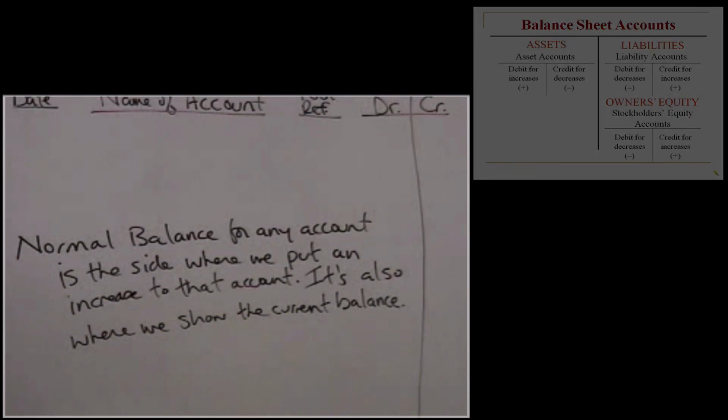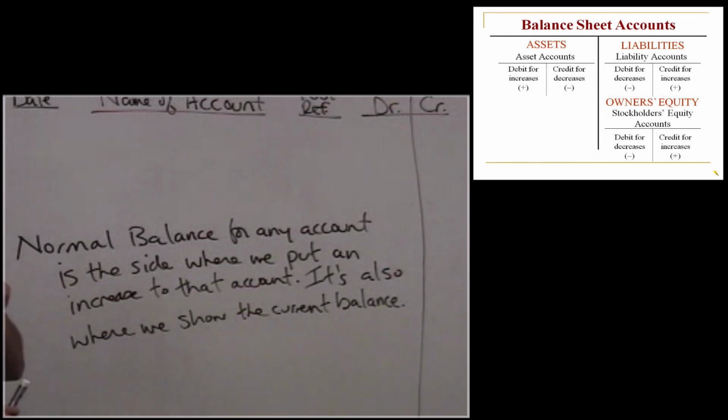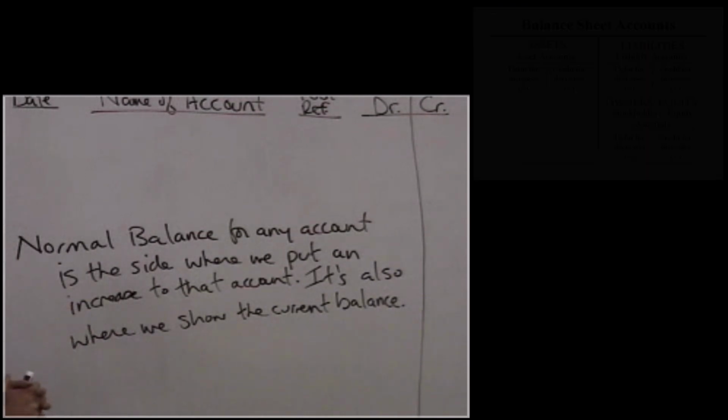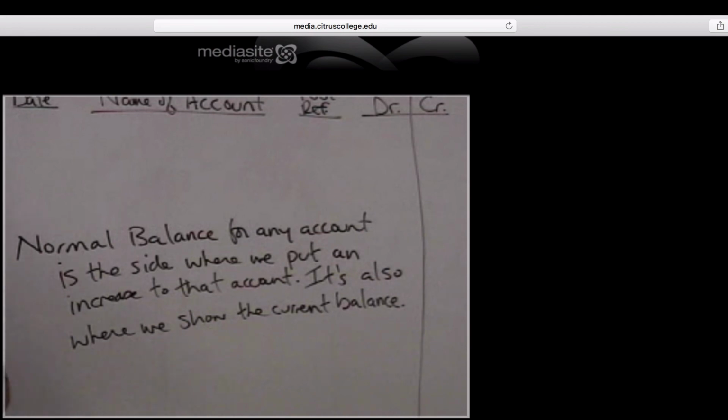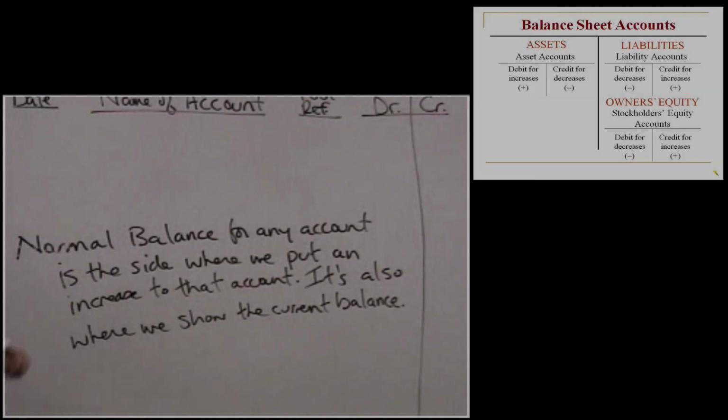An easy way to remember it is, wherever you see a plus sign, that's the normal balance for that account. All asset accounts have a normal debit balance. All liability accounts have a normal credit balance.